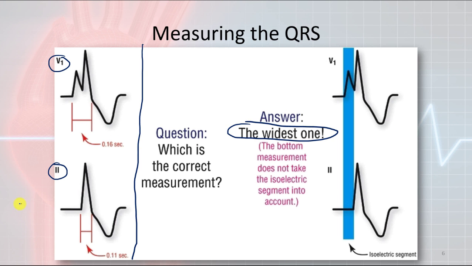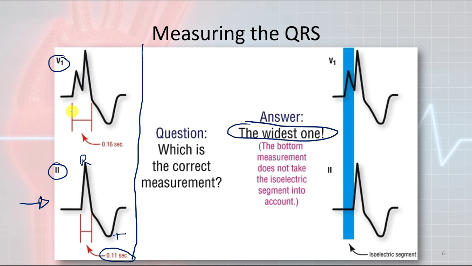In this case, if all you were looking at was lead 2, you can see here that they're telling you the width of the QRS is 0.11 second, which would be considered a normal QRS width. Unfortunately, you have your R wave, which is traveling opposite of your T wave. Automatically, that should qualify this person to get a 12 lead.